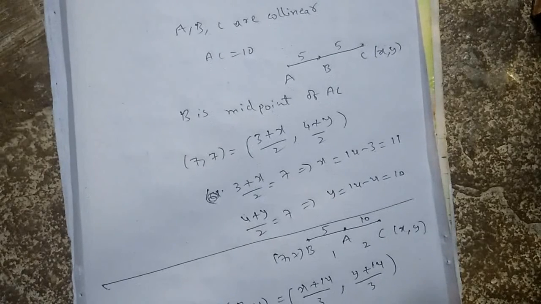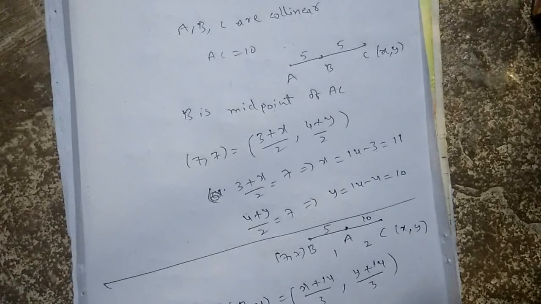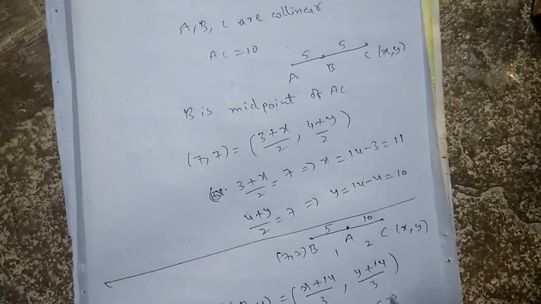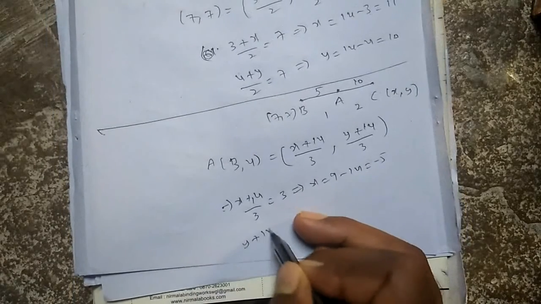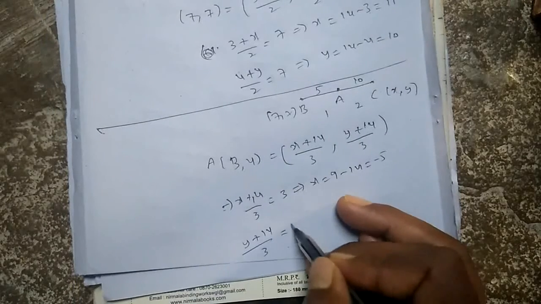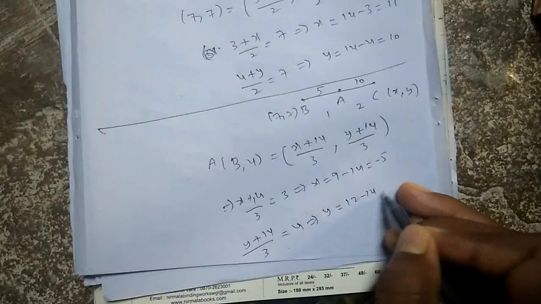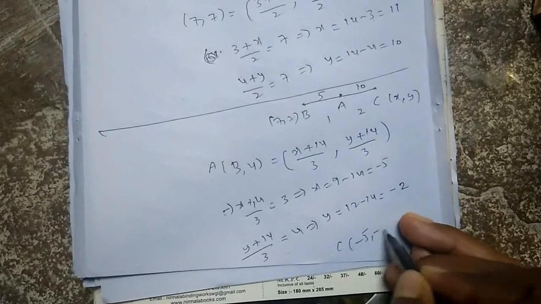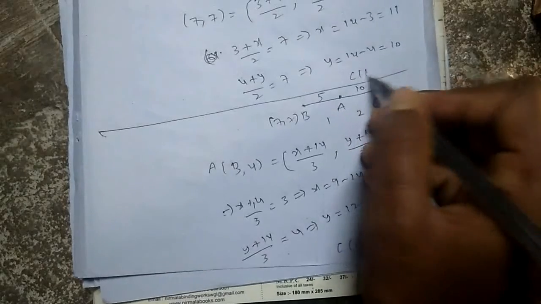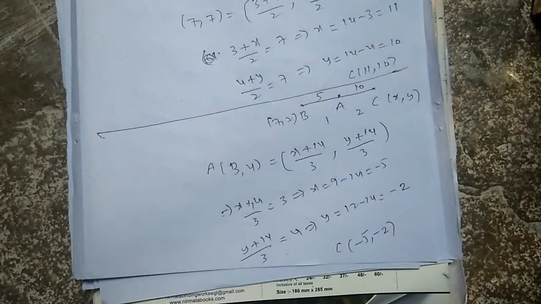Here (x plus 14) by 3 is equal to 3, so x is equal to 9 minus 14, which is minus 5. Similarly, (y plus 14) by 3 is equal to 4, y is equal to 12 minus 14, that is equal to minus 2. Here C is (minus 5, minus 2); the other case, C is (11, 10). So you need to take both the cases, as any answer might be there in the options.